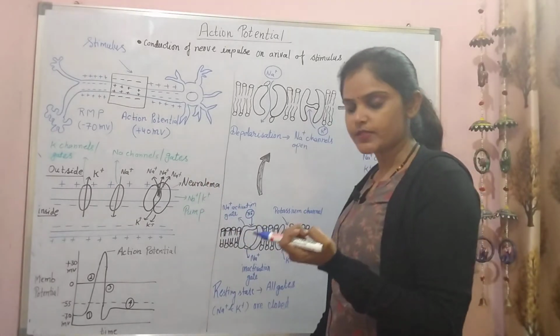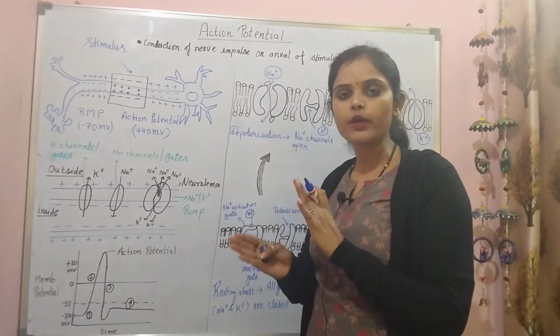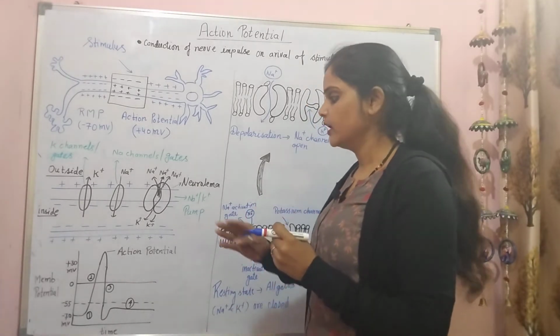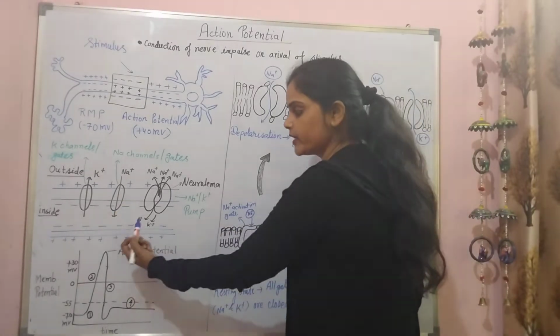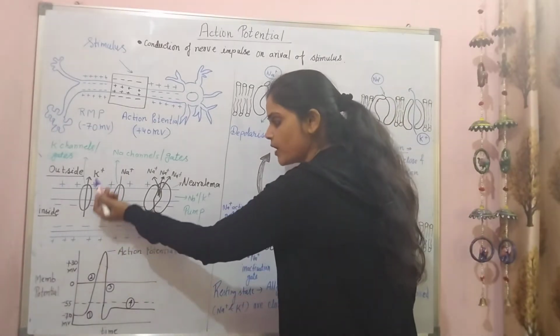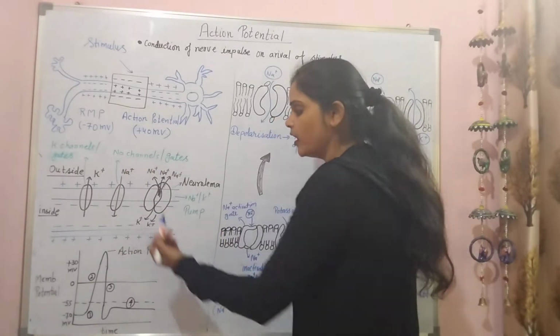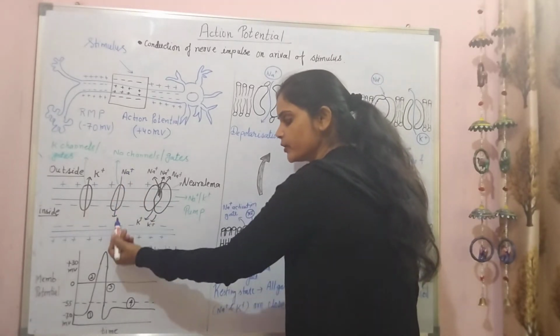Just to govern this electrochemical difference, there are certain channels. Let's see what these are. First, the membrane has a potassium channel which takes potassium outside of the cell. Again, there is a sodium channel which takes sodium ion from outside to inside.